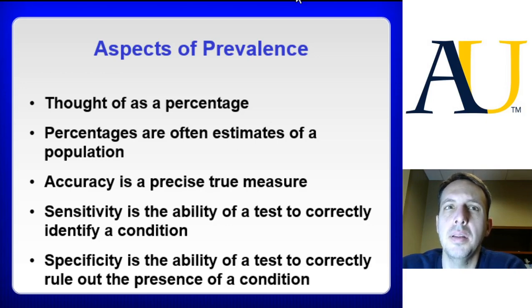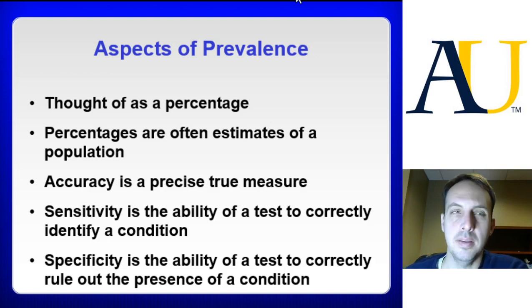Sensitivity is the ability of a test to correctly identify the condition, basically the number of people that test positively on the test that also have the condition, whereas specificity is the ability to rule out the presence of a condition, or basically the number of people that have a negative test and also do not have the condition.